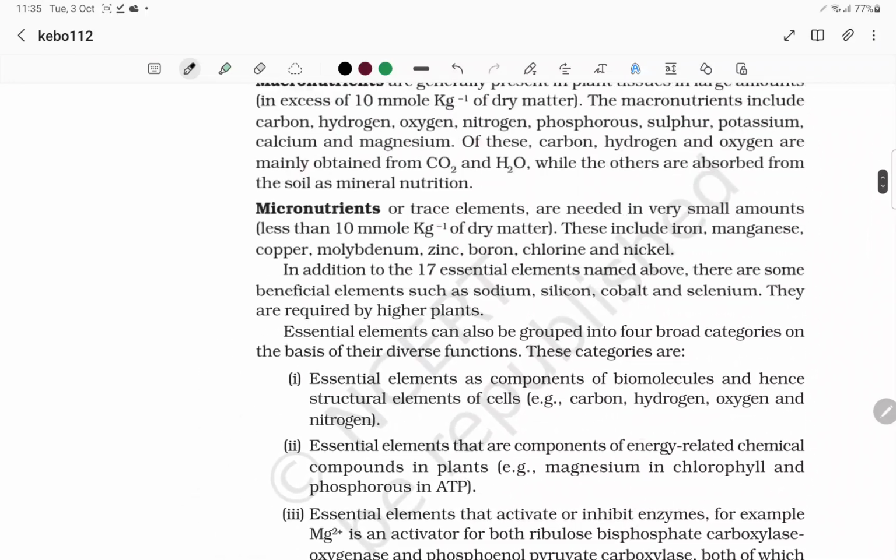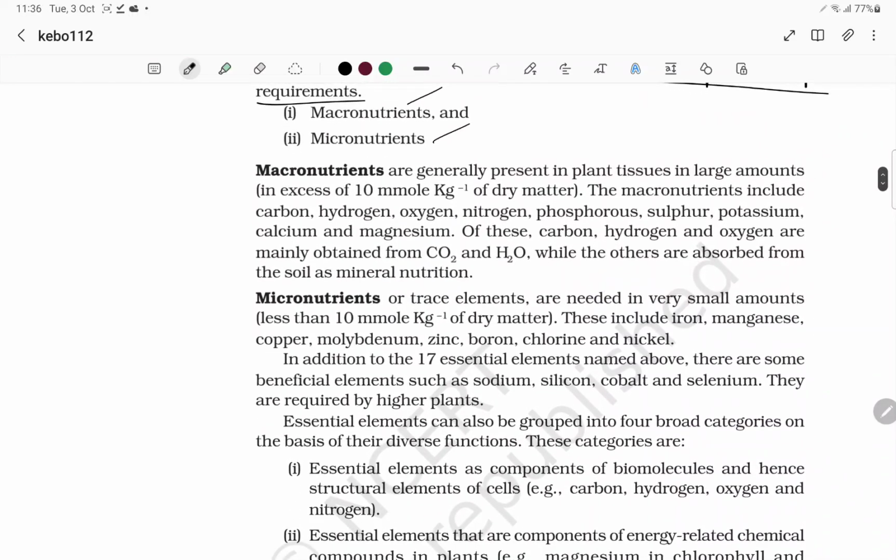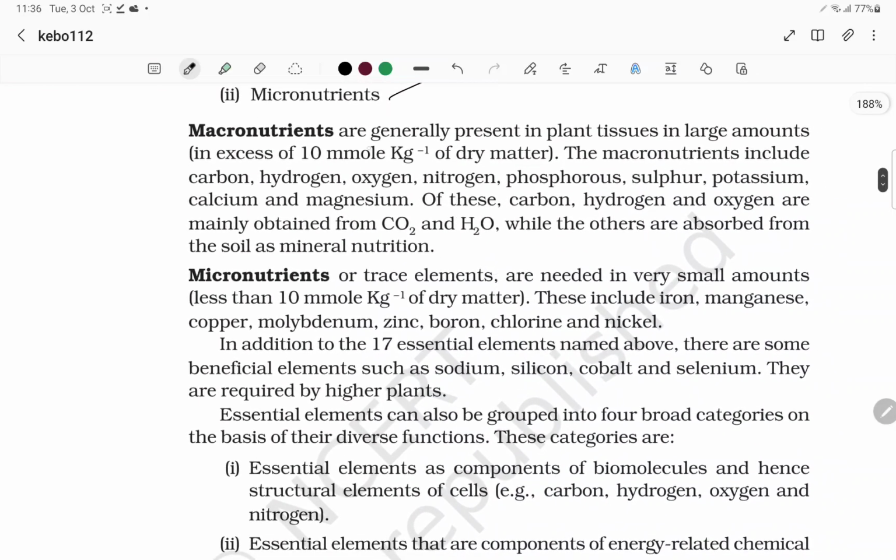Let's see in detail about the macro and micro. Macronutrients are generally present in plant tissue in larger amounts, in excess of 10 millimoles per kg of dry matter. The macronutrients are carbon, hydrogen, oxygen, nitrogen, phosphorus, sulfur, potassium, calcium, magnesium.